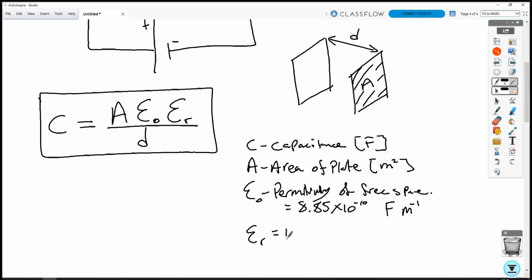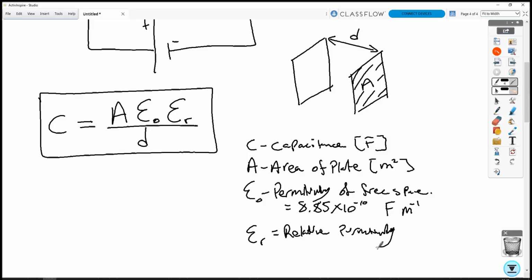Epsilon R is relative permittivity. The relative permittivity doesn't have a unit. It's basically just how many times bigger the permittivity is than the permittivity of free space. So it's a scale factor.